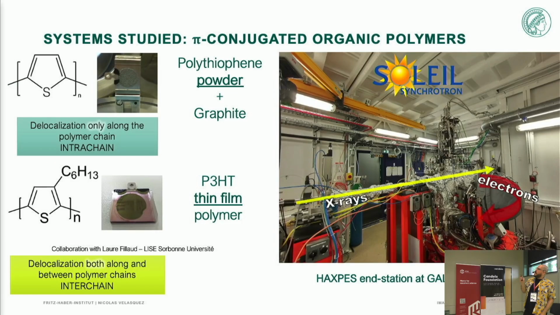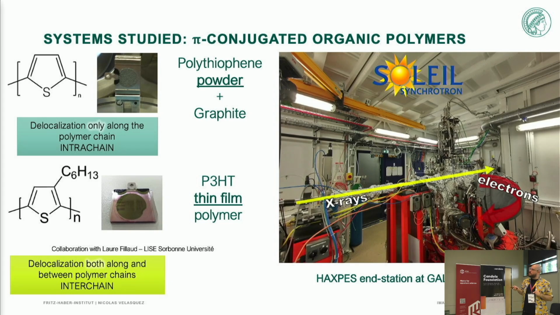So the samples I have already introduced: polythiophene, which is a disorganized sample, and P3HT. P3HT as a thin film is quite ordered. The important thing here is that in the case of polythiophene, the electron may delocalize only along the polymer chain.